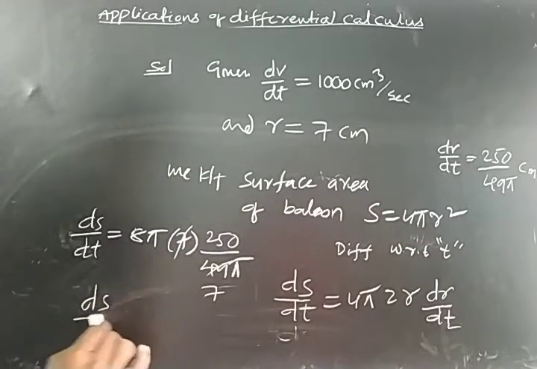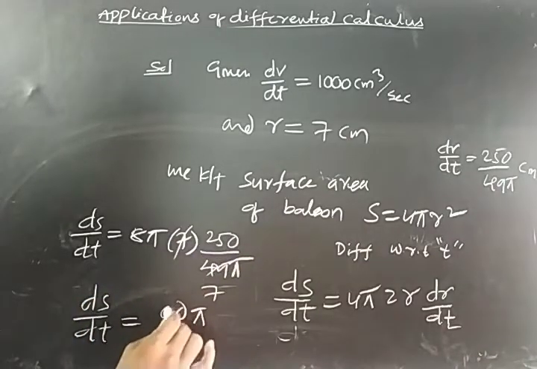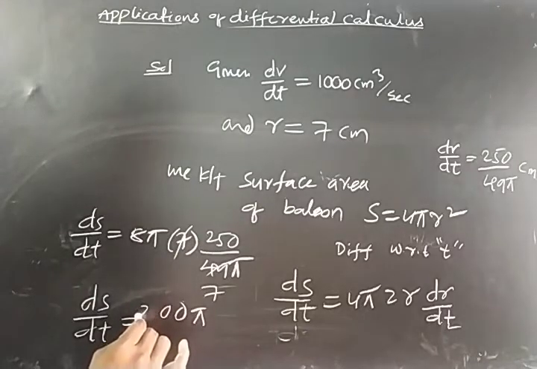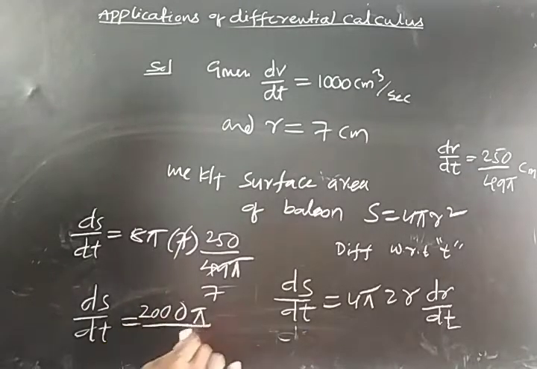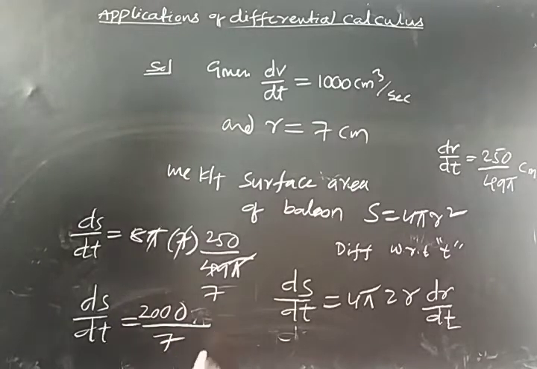So ds by dt is equal to 2000 by 7 centimeter square per second. This is the rate of change in surface area.